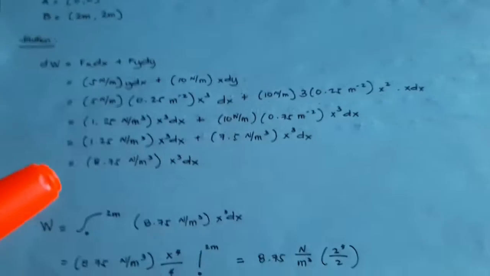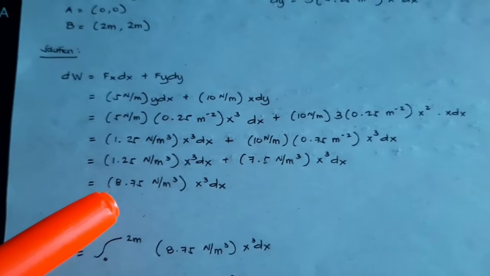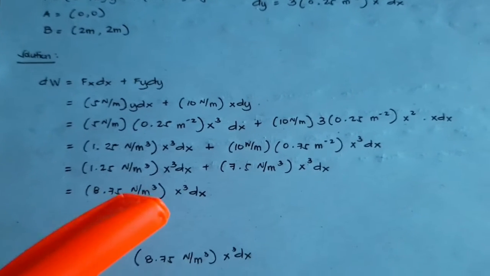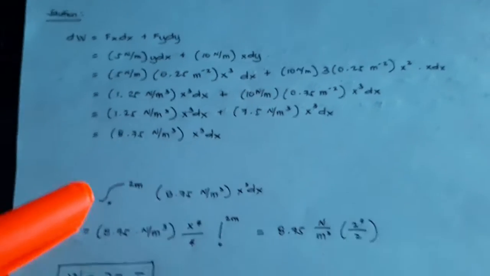Then we get 8.75 Newton per meter cubed times x cubed dx.